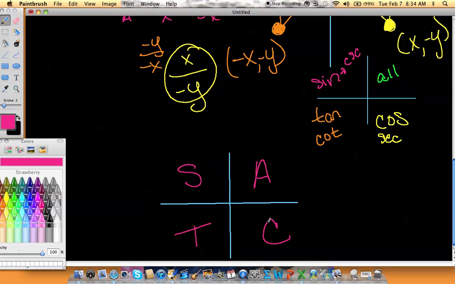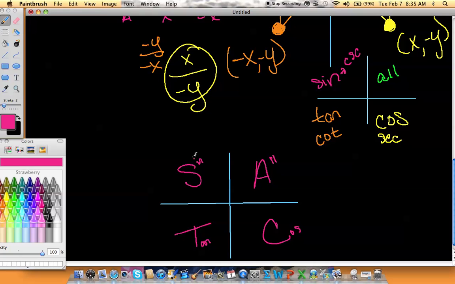All students take calculus. And that means that all trig functions are positive in quadrant 1, only the sine is positive in quadrant 2, only the tangent is positive in quadrant 3, and only the cosine is positive in quadrant 4, and then their reciprocals, okay?